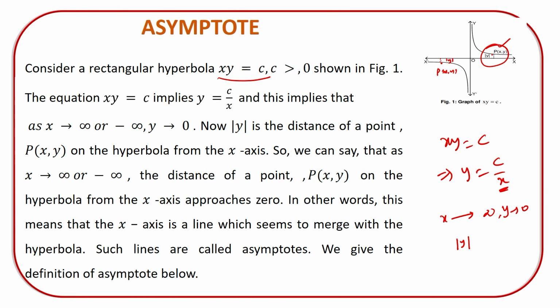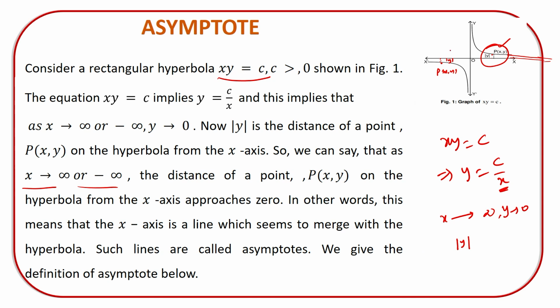So, we can see that as x tends to infinity or minus infinity, the distance of a point P(x, y) on the hyperbola from the x-axis is going to be reduced, going to be equal to 0. That means the x-axis is a line which seems to merge with that hyperbola.